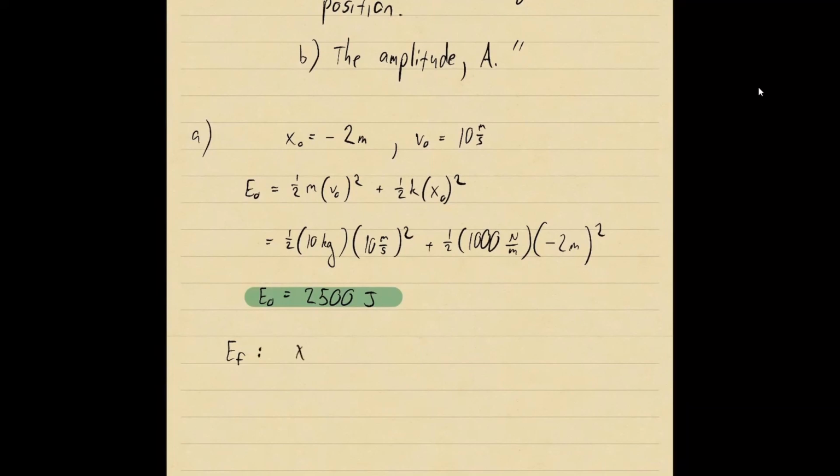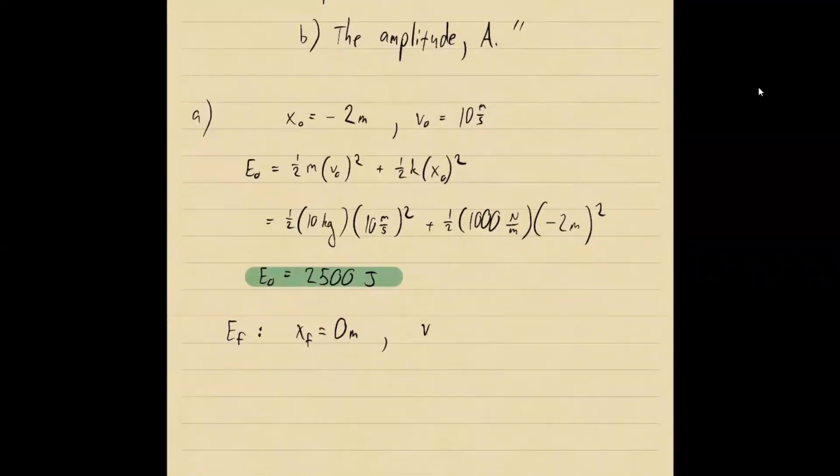At equilibrium, our displacement is going to be 0. And we're trying to find the magnitude of velocity, so we're trying to find how fast it's going at that point.